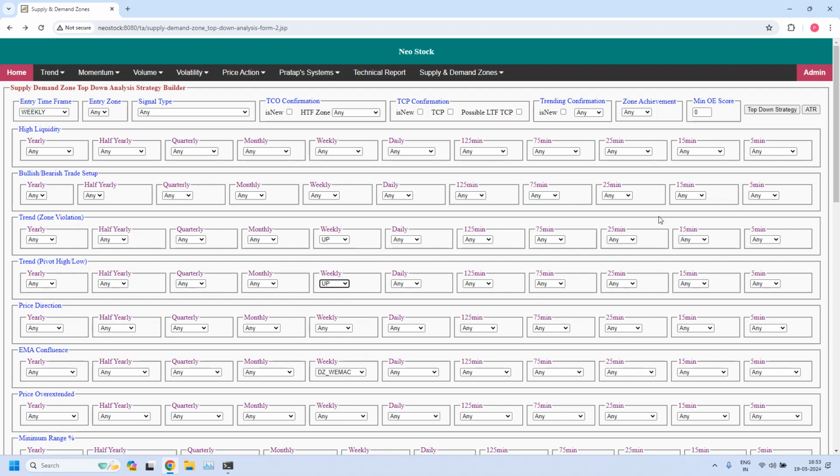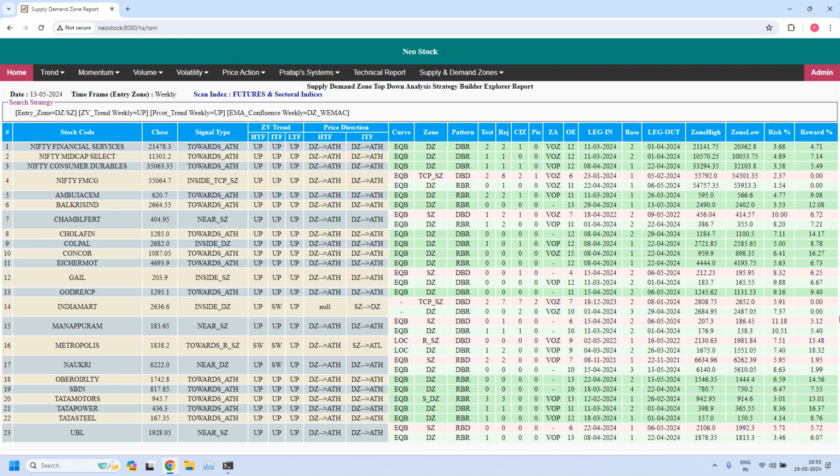Now both the trends are uptrend. Let us see how many stocks are supporting. We got only 23 stocks. So these 23 stocks are supporting both zone violation trend and swing high-low pivot trend.